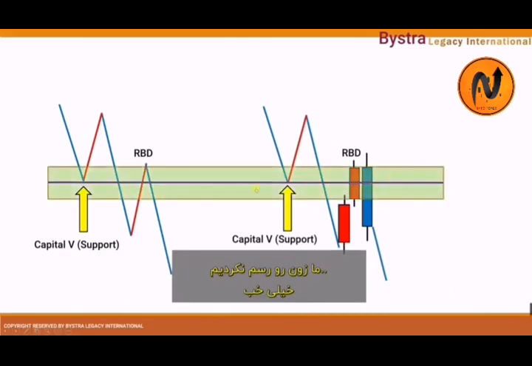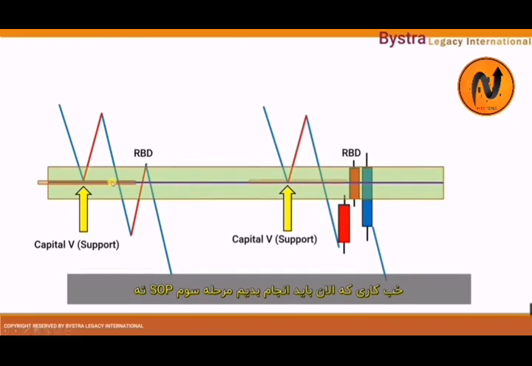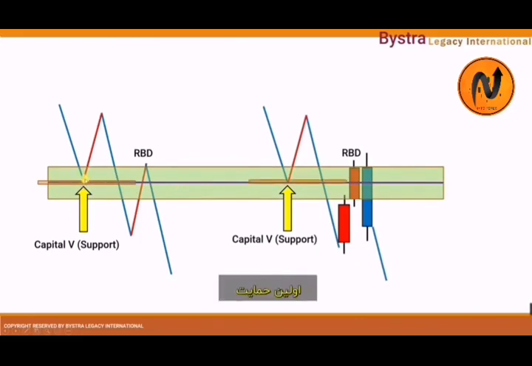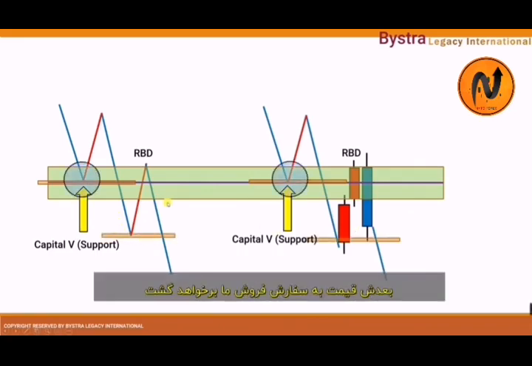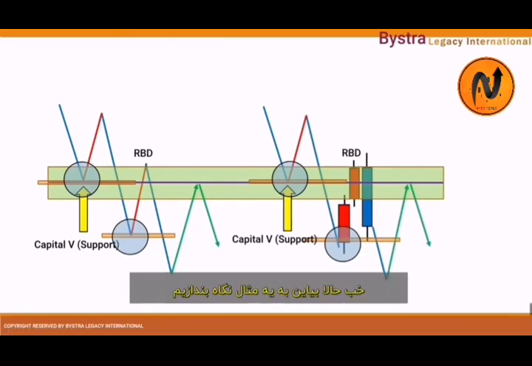We then mark the zone, just for monitoring purposes. So what should we do now? The third SOP is to make sure that we broke two supports. The first support, second support, then price will come back to our sell limit order and continue on the downtrend.